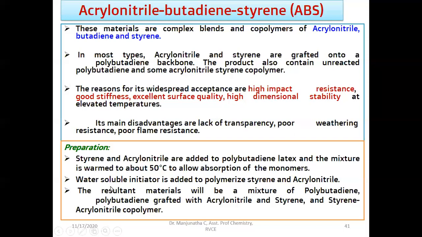To initiate it, you need to add some initiators. A water-soluble initiator is added and heated at 50 degrees centigrade with constant stirring. The resultant ABS mixture is extracted, washed, and dried, and it is used for further applications.